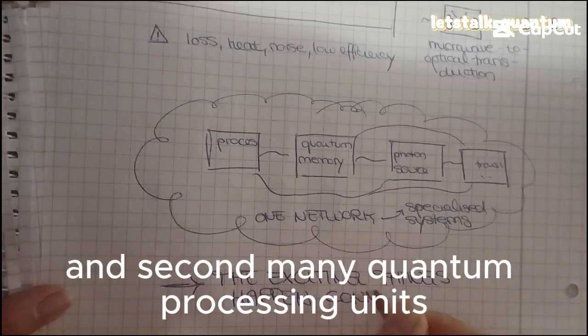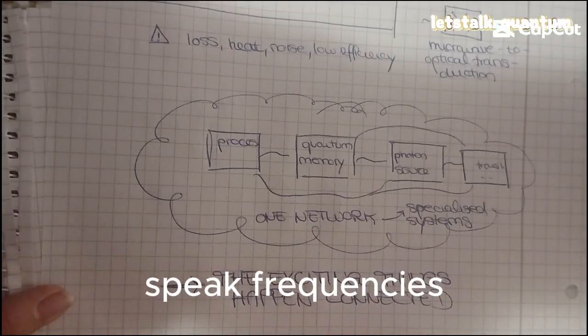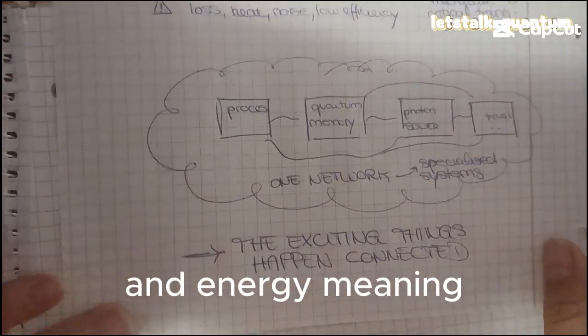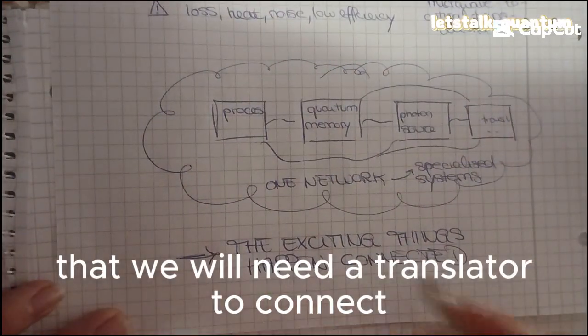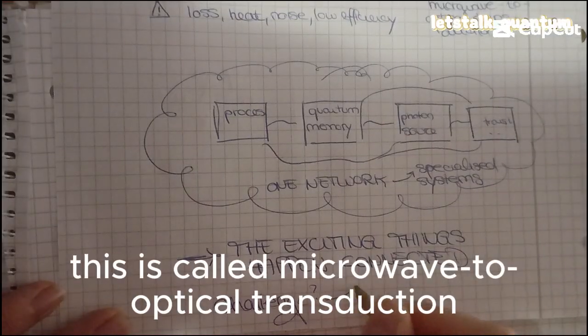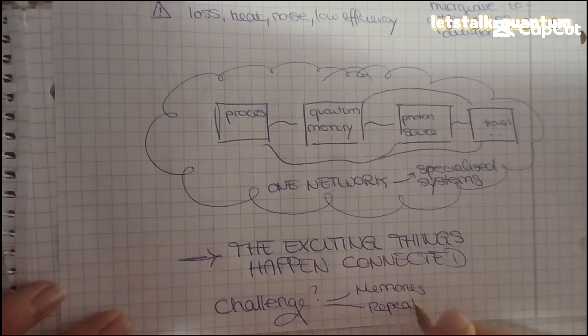And second, many quantum processing units and the connecting network units speak frequencies that differ by several orders of magnitude in energy, meaning that we will need a translator to connect these two systems. This is called microwave-to-optical transduction, and there are several platforms exploring it right now.